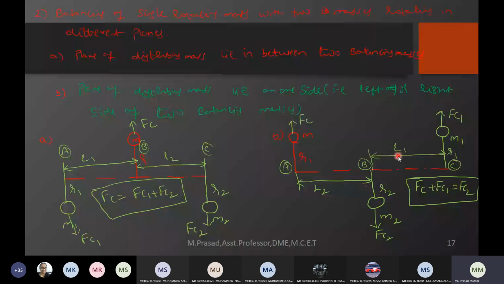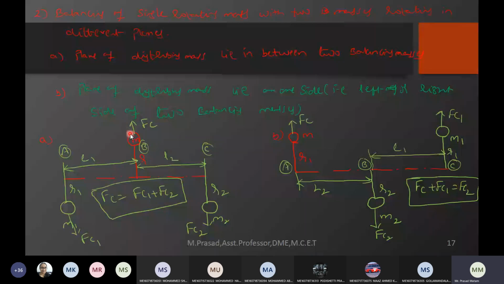These distances L1 and L2 are the locations of the masses with respect to the axis line. Now this gives my condition for static balancing for case B: Fc plus Fc1 is equal to Fc2. Fc is an upward force, Fc1 is also an upward force, and this upward force is equal to the downward force Fc2. Similarly, if you come here, only one upward force I have, that is Fc.